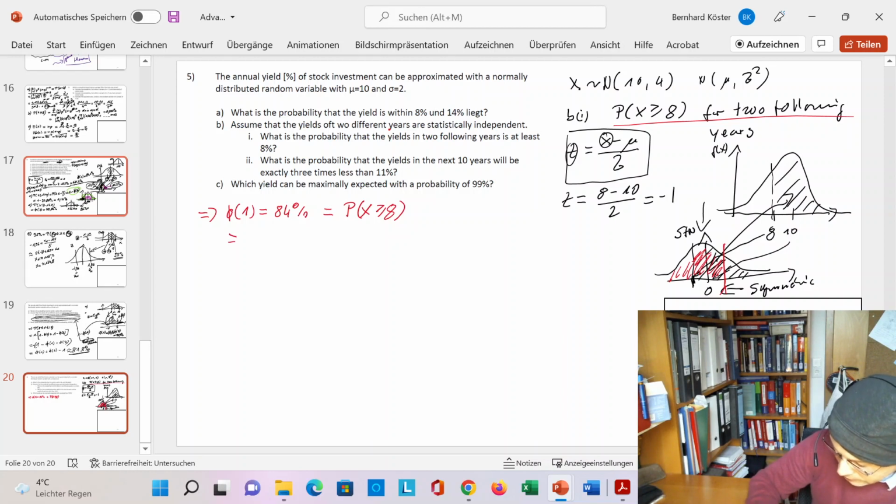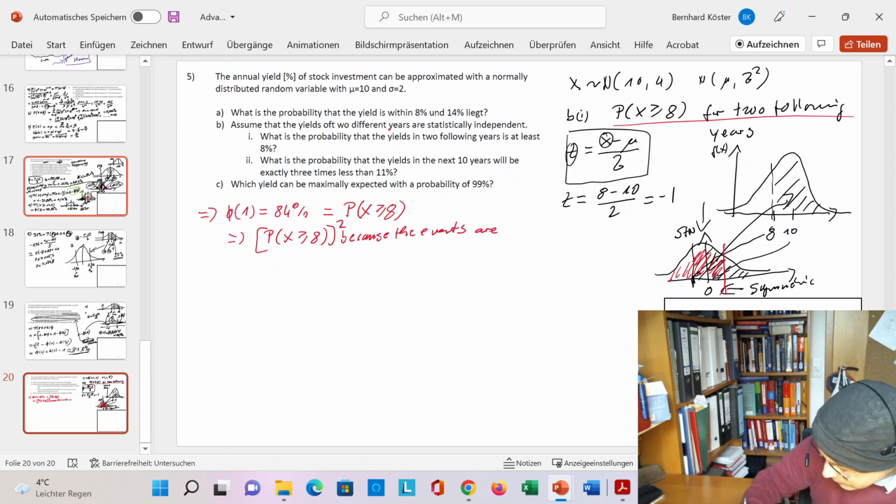And then the answer is P of X larger than 8 squared, because the events are statistically independent.